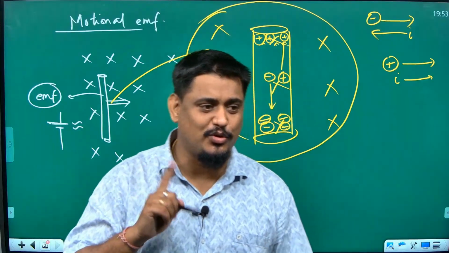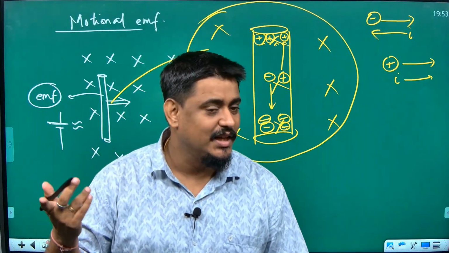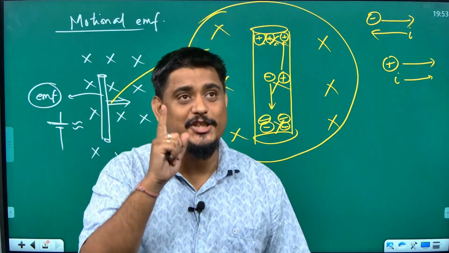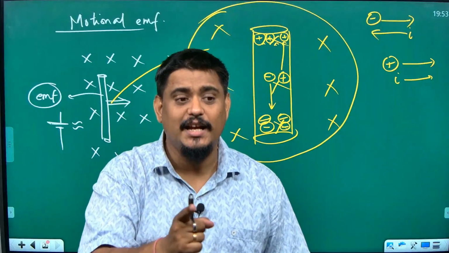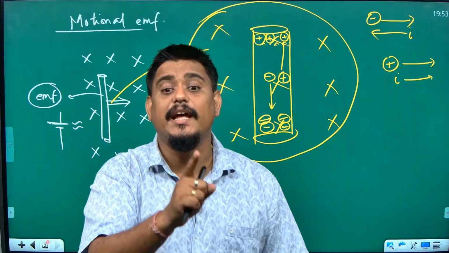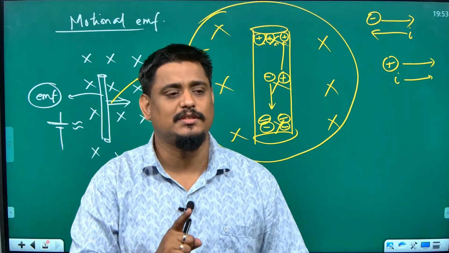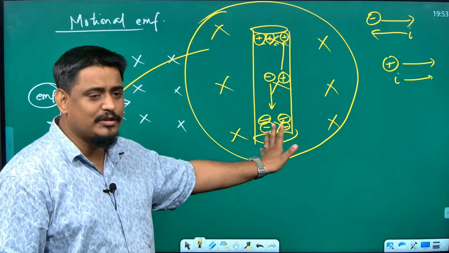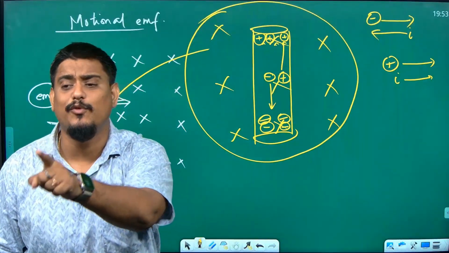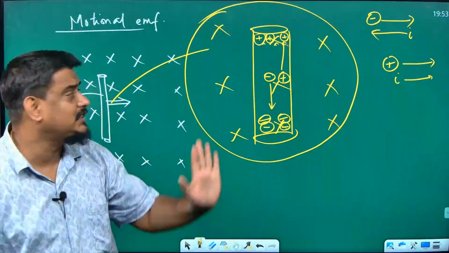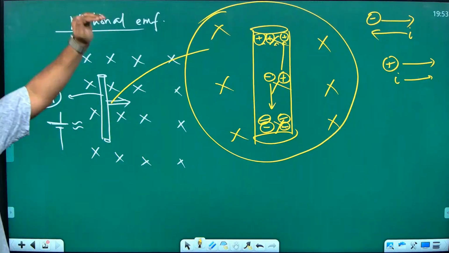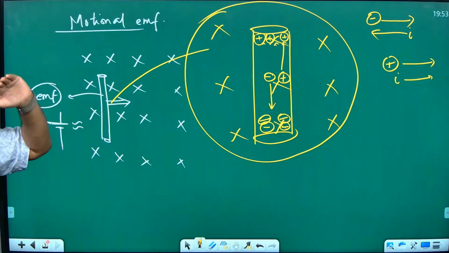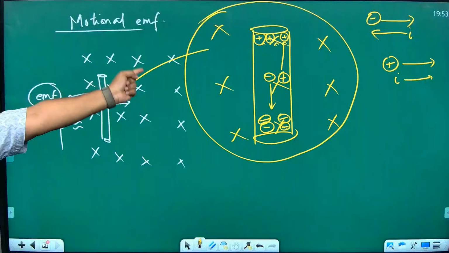Whenever a moving charge is placed inside a magnetic field, it experiences a force. Charge is there, charge is moving also, magnetic field also is there, so it will experience a force, and that force will make the charge move either upward or downward. Positive charge goes upward and negative charge goes downward.